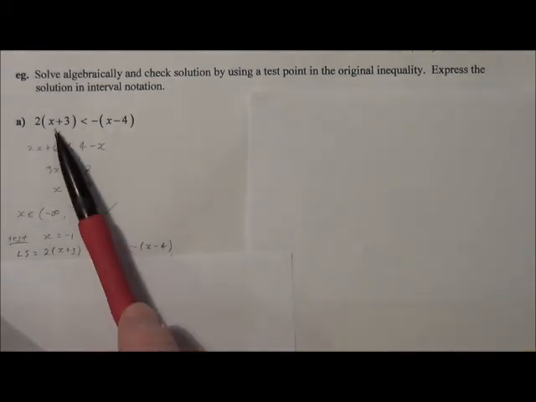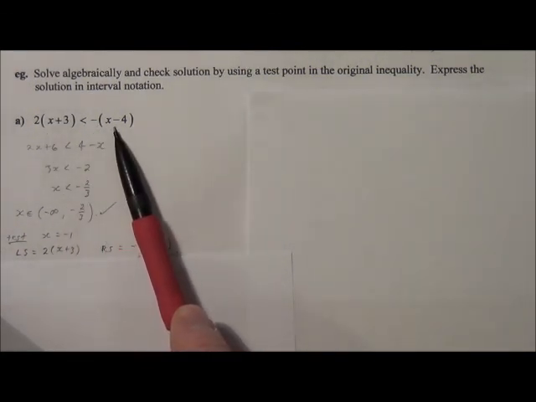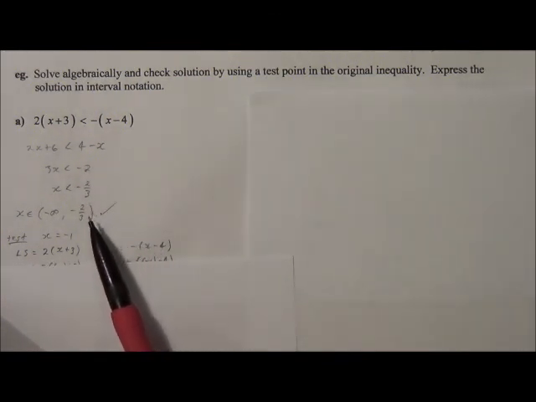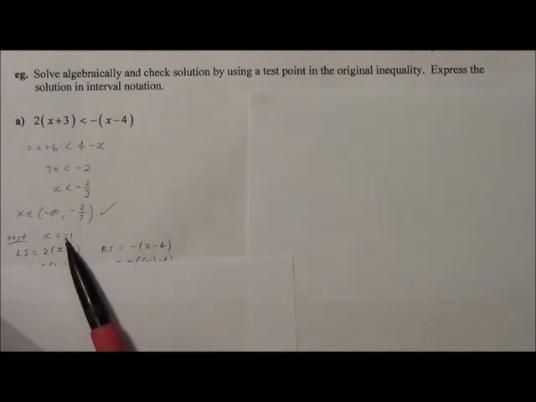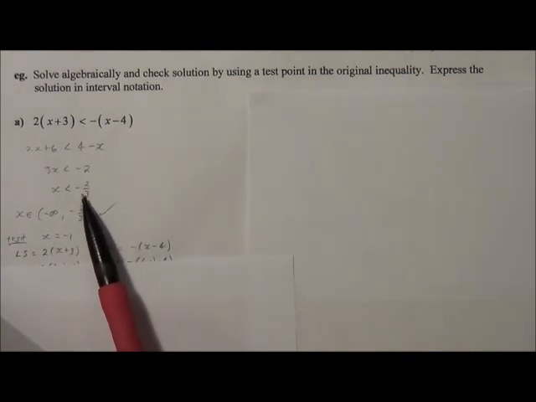So left side equals 2 quantity x plus 3, the right side equals negative x minus 4. And then we're going to substitute in this test point of negative 1. The reason why I'm using negative 1 is because negative 1 is less than negative 2/3, so it falls in this range.